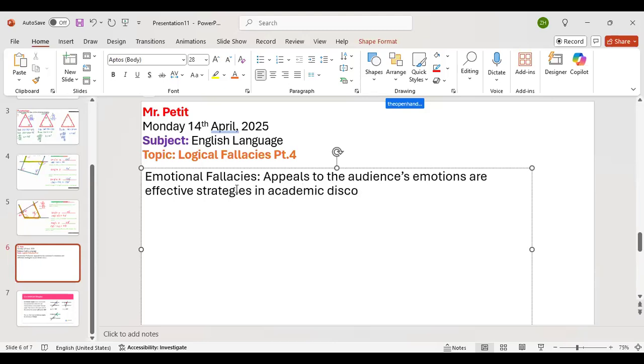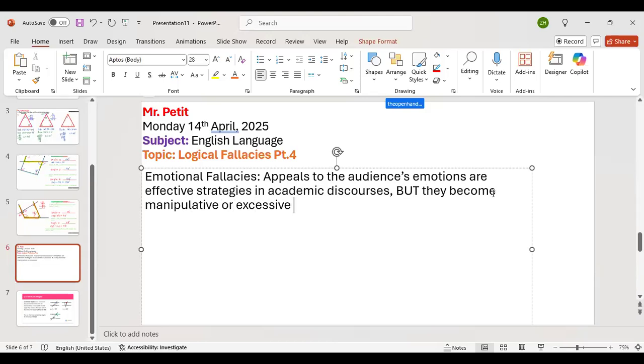Emotional fallacies are effective strategies in academic discourses. But, this is the big but, I should put this but in capital.